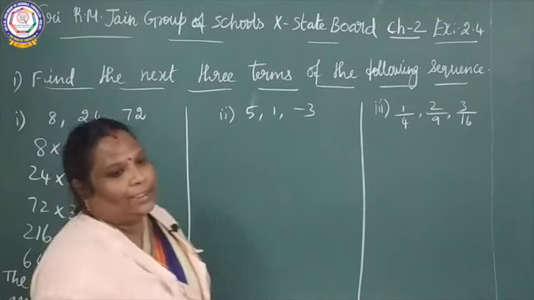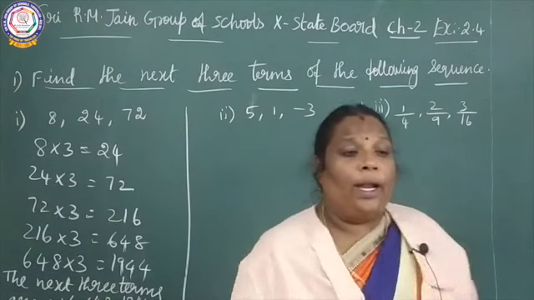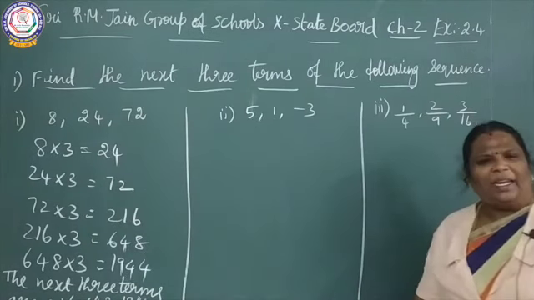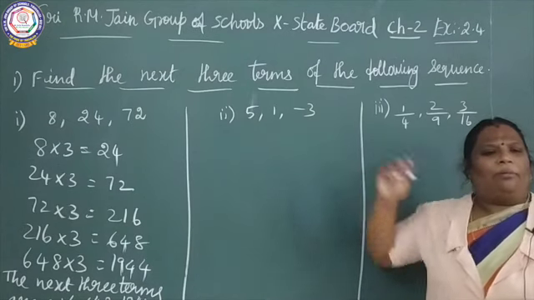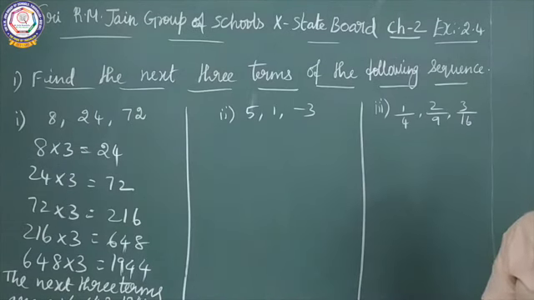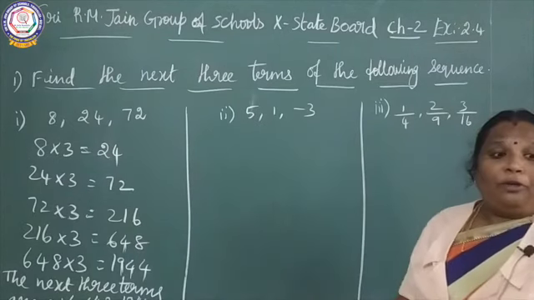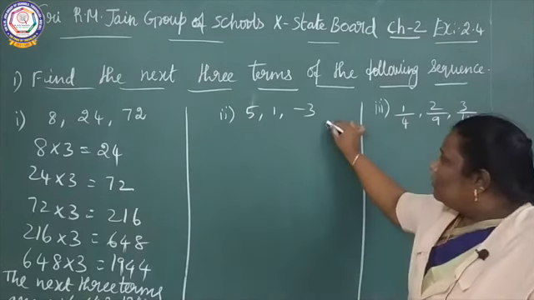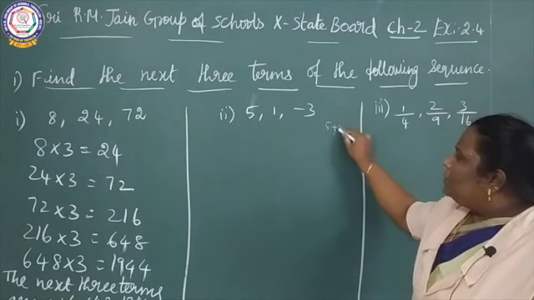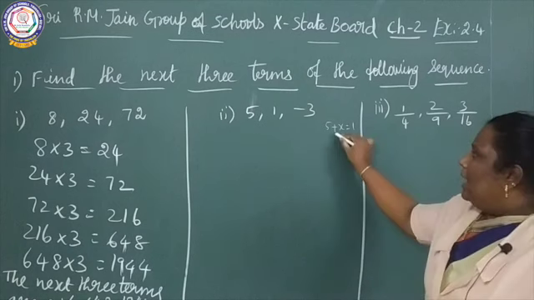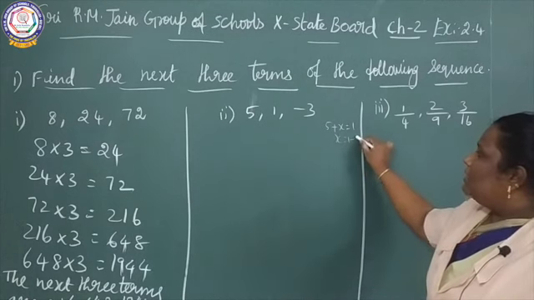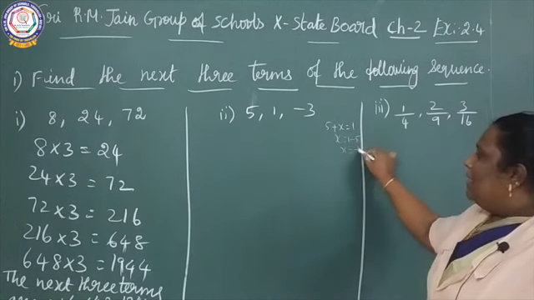Now you come to the next one: 5, 1, minus 3. What is the answer? We will get it. See here. Suppose you want to know, you can do it in your rough column. 5 plus x equal to 1, the next term is 1. x equal to 1 minus 5, what is that value?